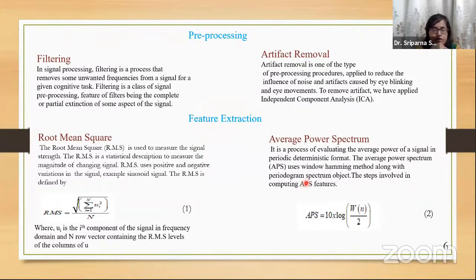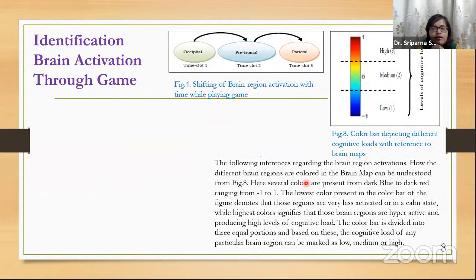So what happens whenever you are going to play the game? This particular game, Brain It On, is going to give you different types of puzzles, and you have to solve those puzzles to succeed at that level. So whenever you are seeing the puzzle, what happens?